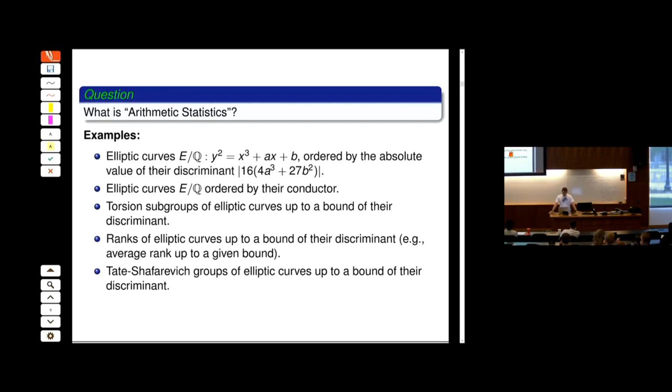And we can order elliptic curves in a couple of ways. We can order them according to their discriminant. But there's another way to order elliptic curves, according to their conductor. So you can try to count elliptic curves by the discriminant or by the conductor, and sometimes you get different answers depending on how you count. There will be another way that this will come up.